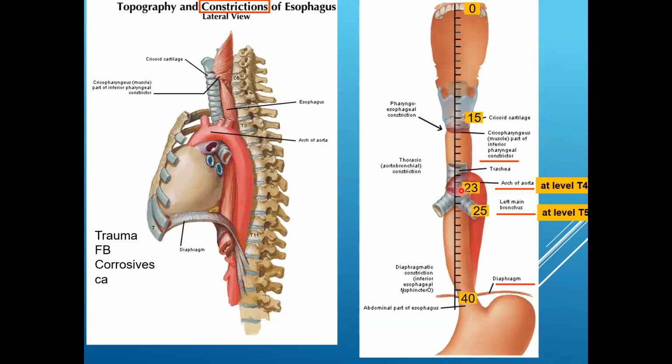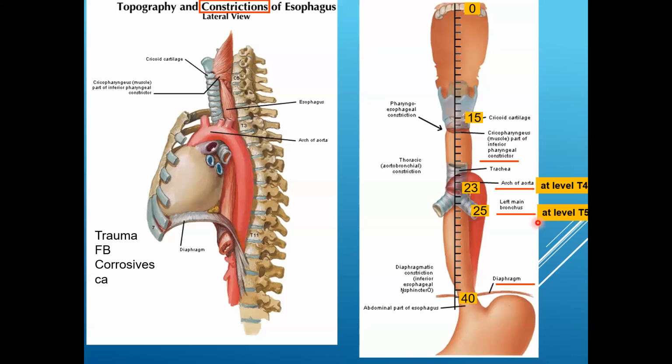Towards the arch of the aorta, which is the second place of constriction, is about 23 centimeters, where it is crossed by the left main bronchus is about 25 centimeters, and the distance to the diaphragm is about 40 centimeters in adults, on average. It is crossed by the arch of the aorta at the level of T4, and by the left main bronchus at the level of T5.